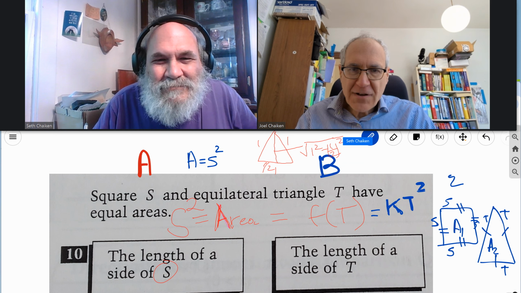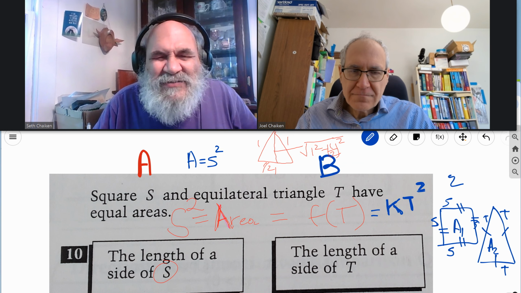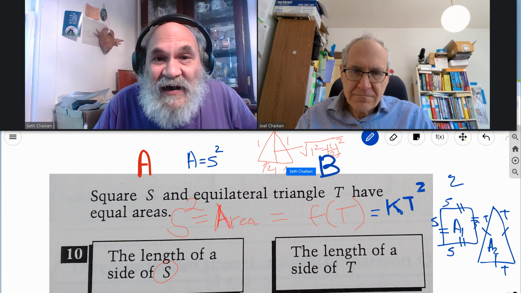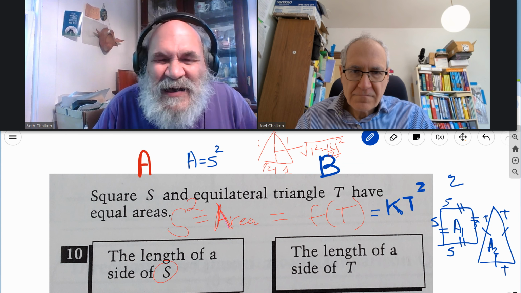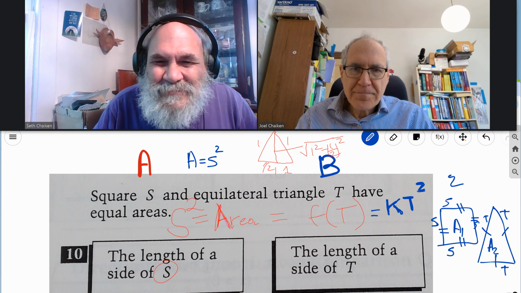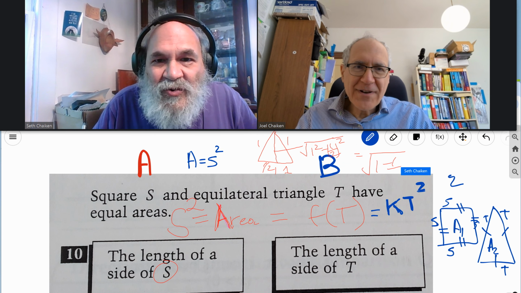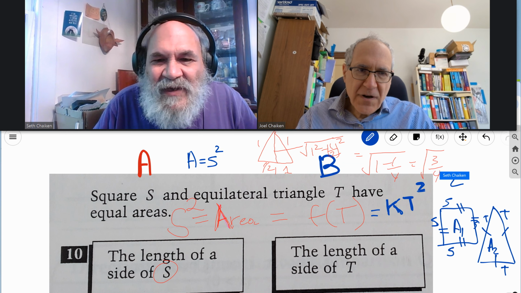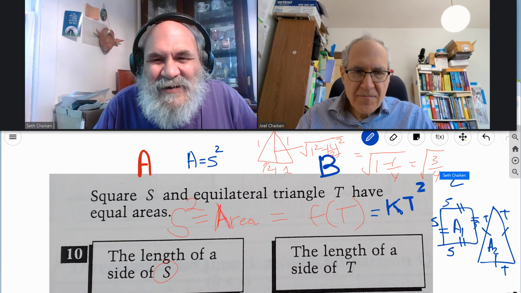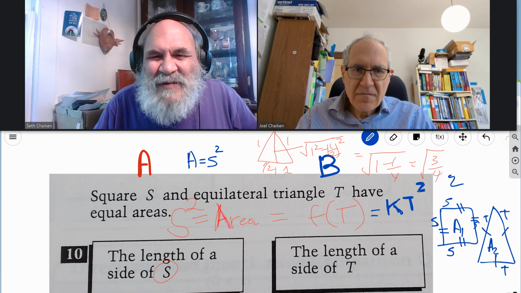All right. The base is 1, and dropping an altitude, the height is the square root of 1 minus 1/2 squared. That's the square root of 1 minus 1/4, which is the square root of 3/4. The area is 1/2 times the base times the height.